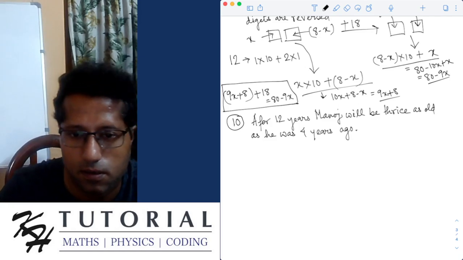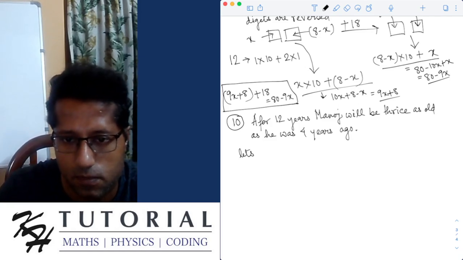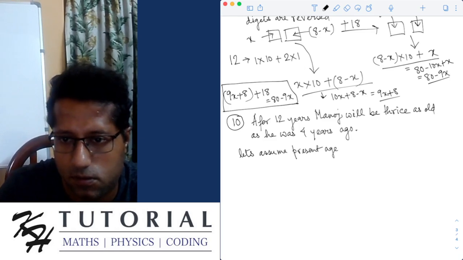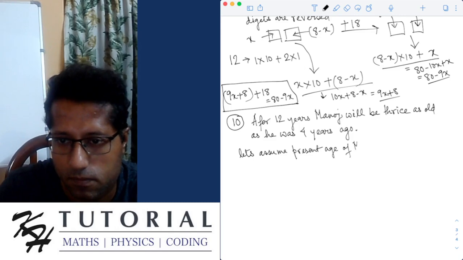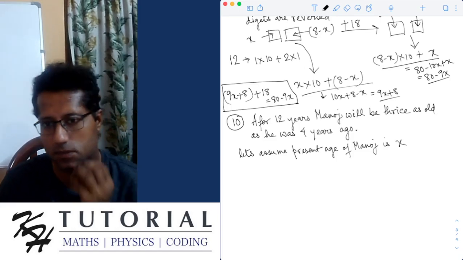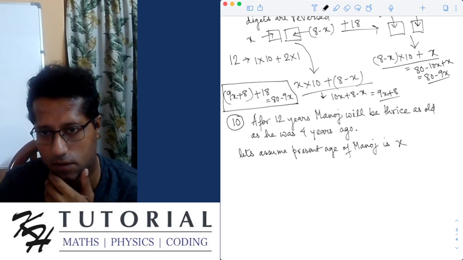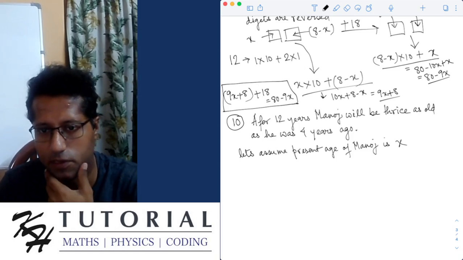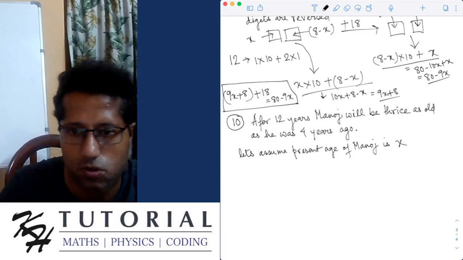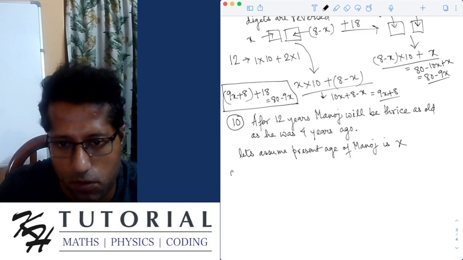So let's assume the present age of Manoj is the variable x. We have considered the present age of Manoj as the unknown quantity and represented it as a variable x.